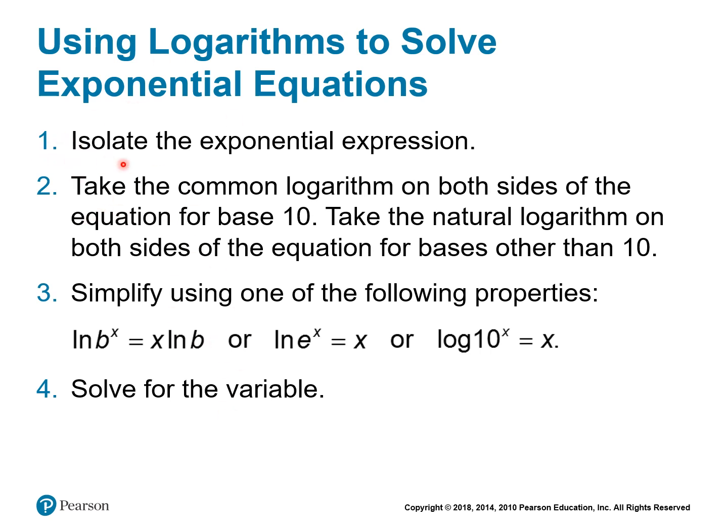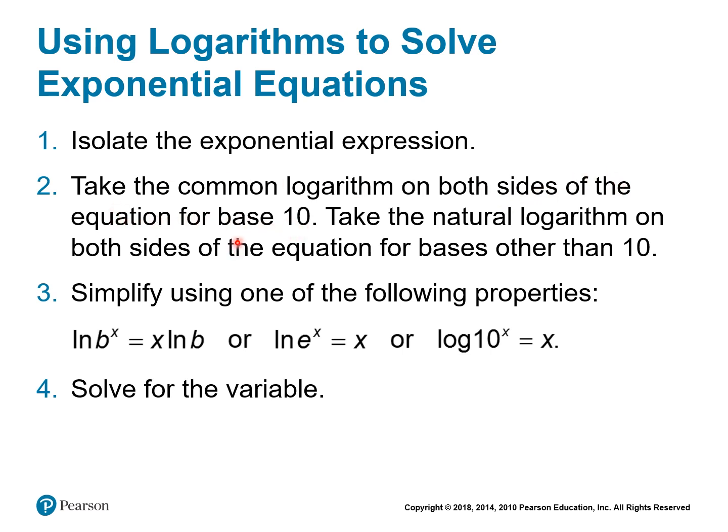Number 1, isolate the exponential expression. So we should have the exponential expression by itself on one side, and if there are any other terms with the exponential expression, those have to go to the other side. Number 2, take the common logarithm on both sides of the equation for base 10.